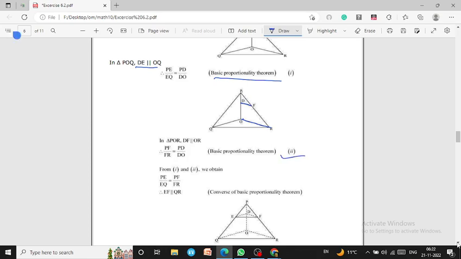This is your second equation, and from first and second equation we get PE over EQ is equal to PF over FR. If both sides are equal, then according to the converse of BPT theorem, EF parallel QR. It's proved.